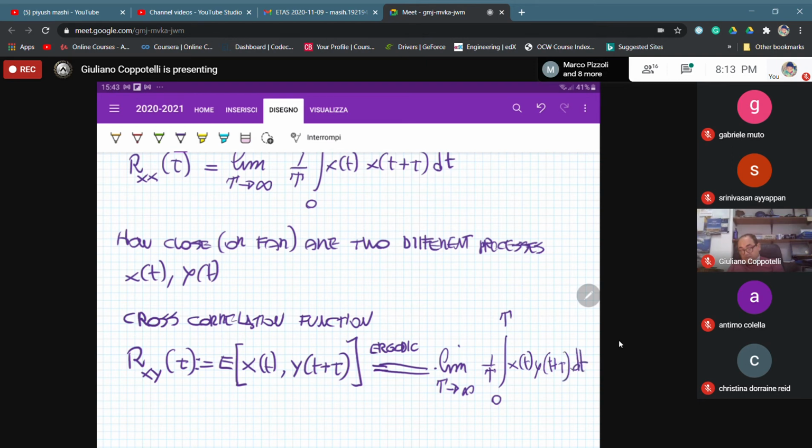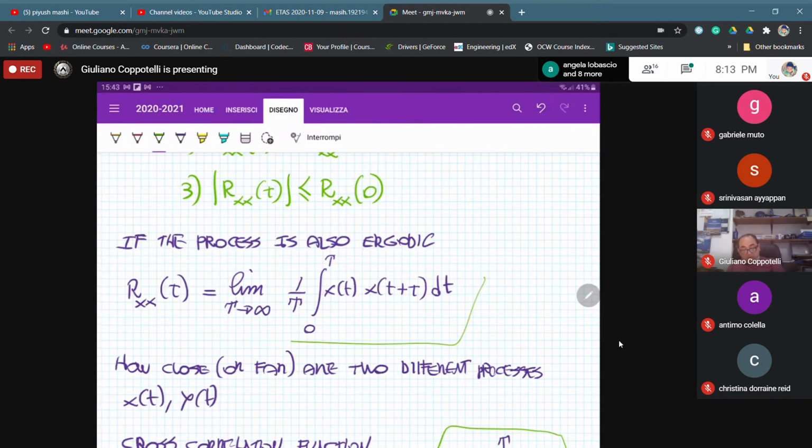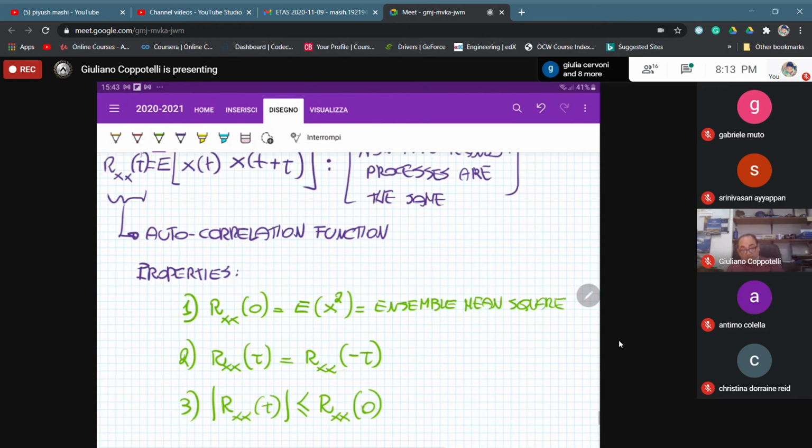Okay, so these are two important parameters from the statistical point of view that we need to consider, and these are the auto and cross correlation functions.